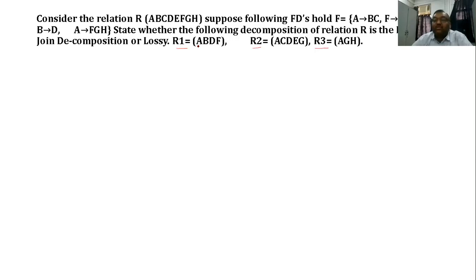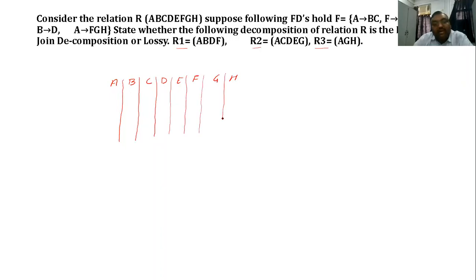The first step is to count how many attributes are in the relation. Here the total number of attributes is 1, 2, 3, 4, 5, 6, 7, 8, so 8 attributes: A, B, C, D, E, F, G, H. Make a matrix in which the number of columns is the number of attributes in the relation, so 8 columns.